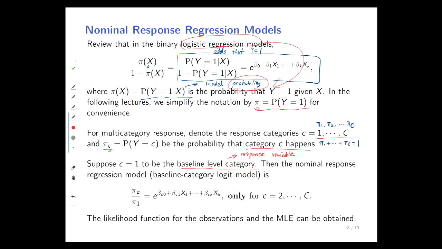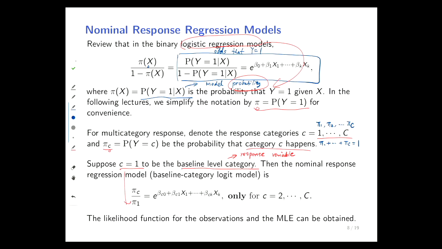But here, similarly, we should have some baseline level. In this case, we consider C equals 1 to be the baseline level, and then we put the probability of this baseline level as the denominator in the model.